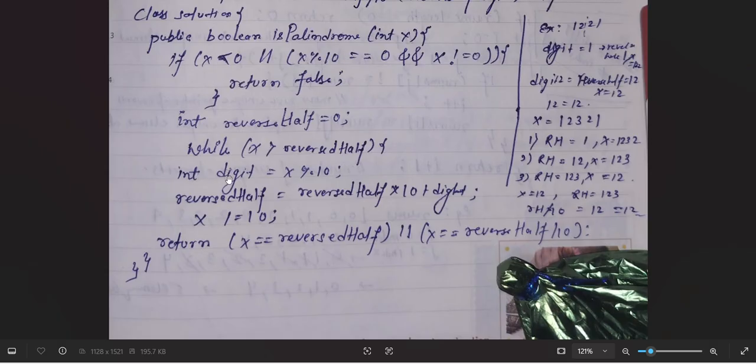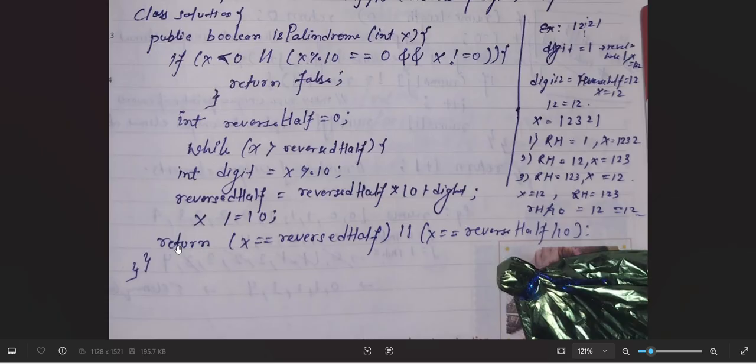We initialize a digit with x modulo 10 to take the last digit of the number, then reverse half equals reverse half times 10 plus digit, moving that last digit to the reverse half. After that we remove the last digit by x equals x divided by 10.